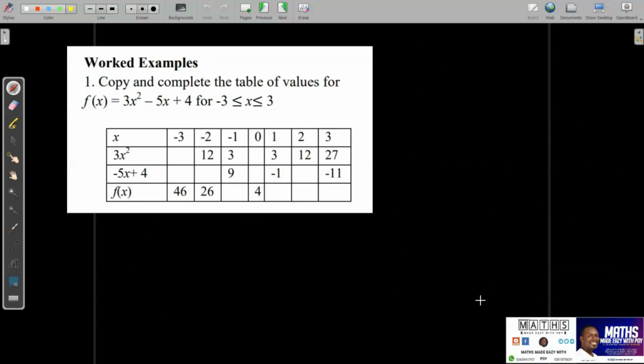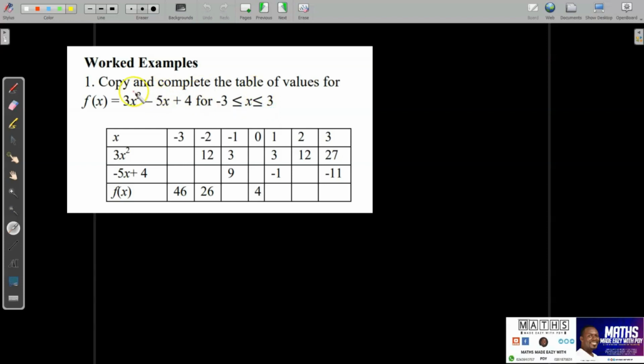So I have my first worked example here, which says: copy and complete the table of values for f(x) equals 3x squared minus 5x plus 4 for the interval -3 less than or equal to x less than or equal to 3.